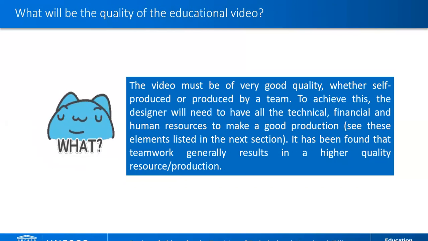The video must be of very good quality, whether self-produced or produced by a team. To achieve this, the designer will need to have all the technical, financial, and human resources to make a good production. It has been found that teamwork generally results in a higher quality resource.